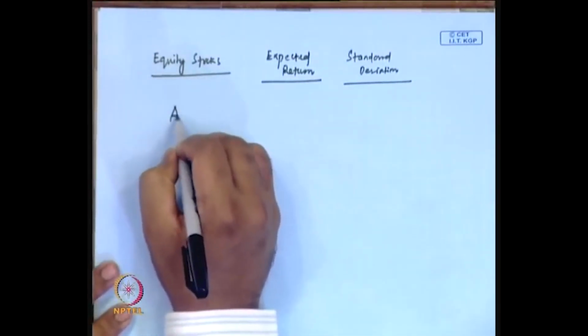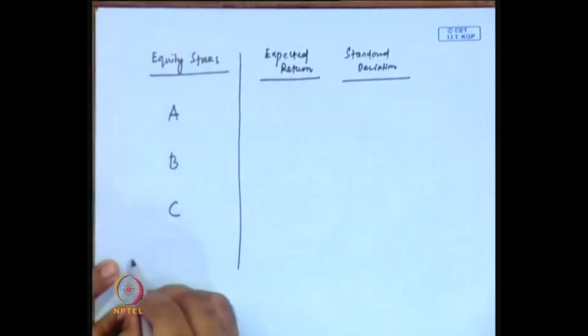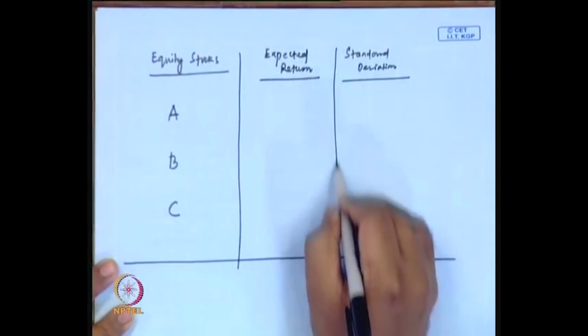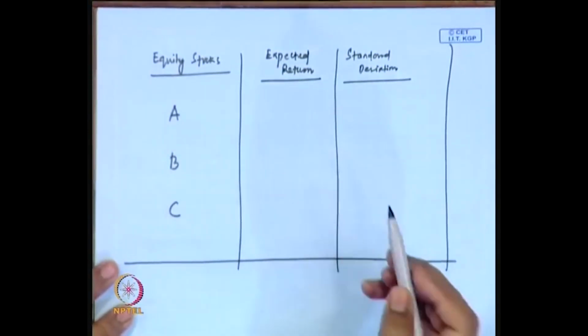You have A, you have B, you have C. These are the different stocks which are given to you.